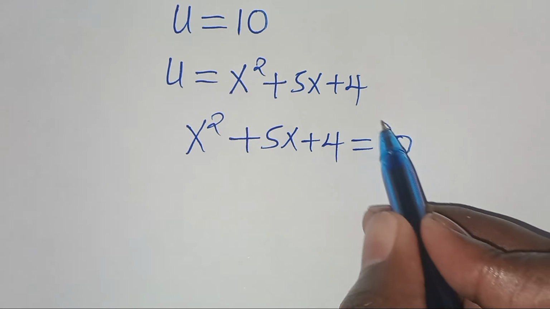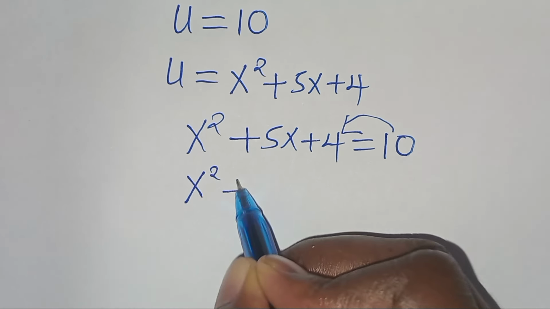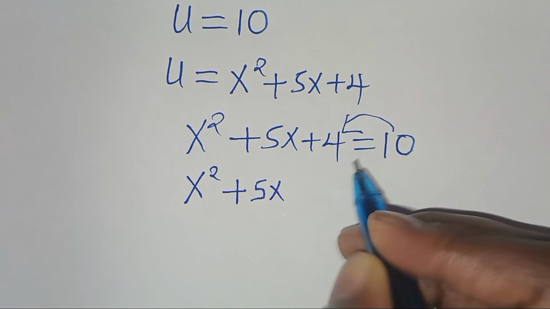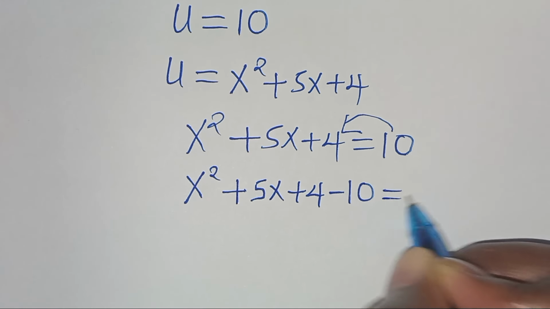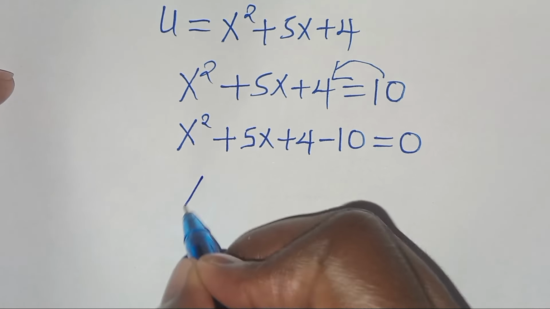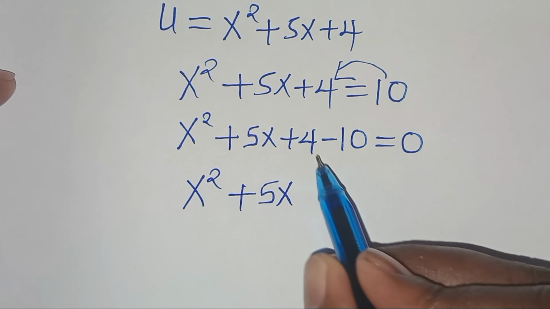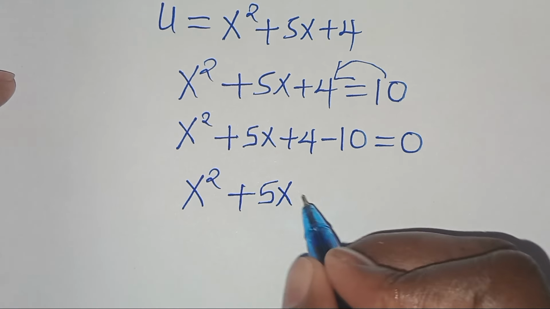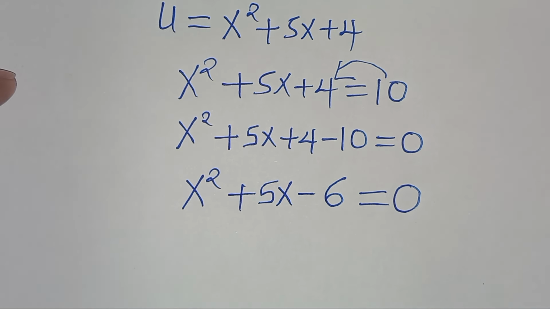Now, let's take 10 to the left-hand side, so that we have x squared plus 5x plus 4 minus 10. This is equal to 0. So this implies that we have x squared plus 5x. Then we have 4 minus 10. This is minus 6. Then this is equal to 0.